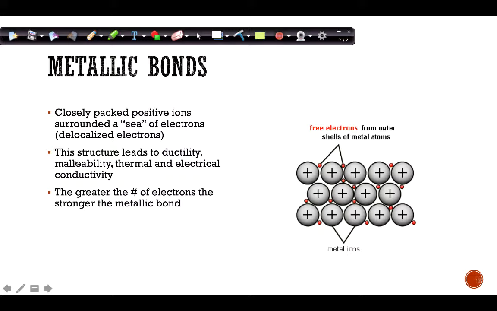Because we have the structure, it leads to ductility, which means I can stretch it into wire, malleability, which means I can bend it, and so they are electrically conductive and also will conduct heat very well because of the structure. So the greater the number of electrons, the stronger the metallic bond is.